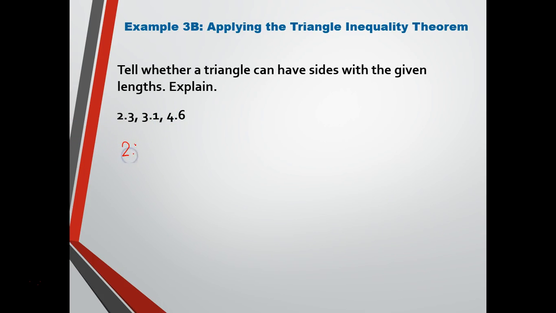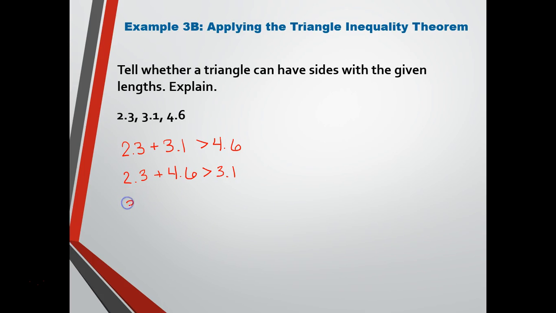So say 2.3 plus 3.1. It needs to be greater than the third side. And let's say 2.3 plus 4.6 must be greater than 3.1.